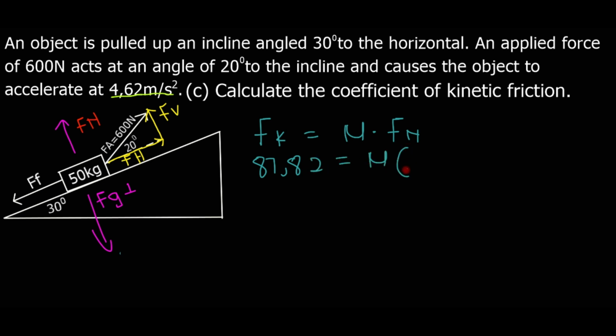The normal force we calculated earlier is 219.14. Because we want the coefficient of friction, I will divide both sides and it will be 0.4. So this is our answer.